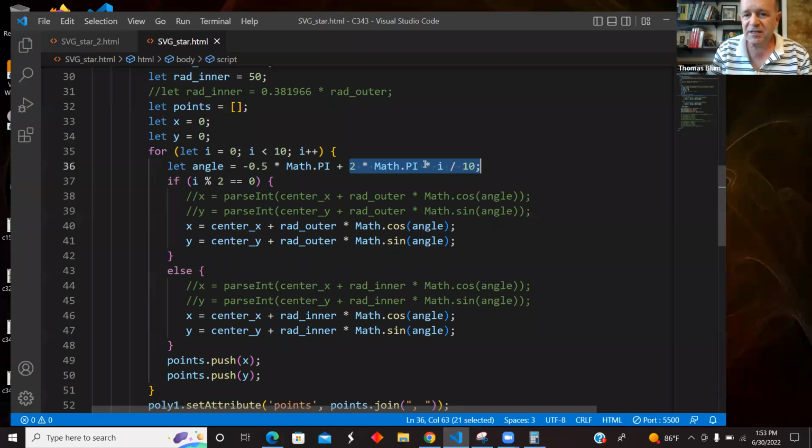Then I increase the angle so that if I went all the way up to and including 10, I would be at 2 pi, all the way around the circle. I stop 1 shy of that because I already have that point.